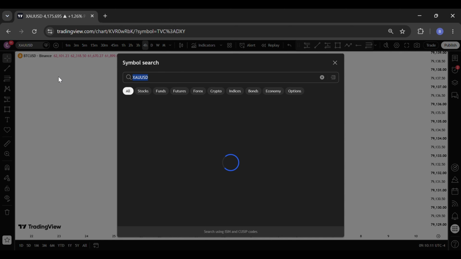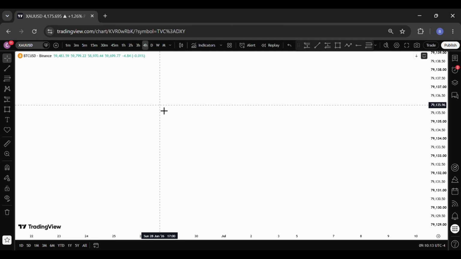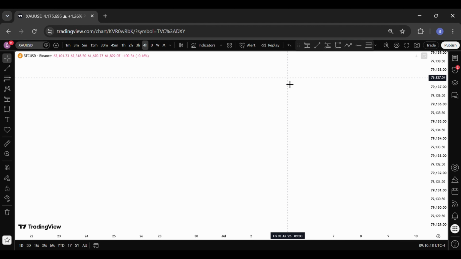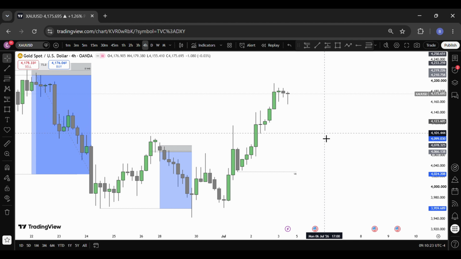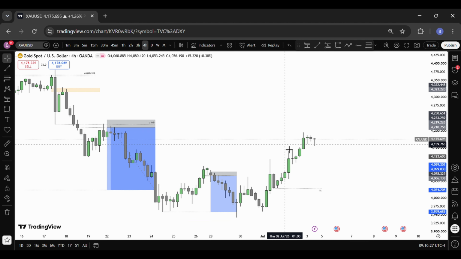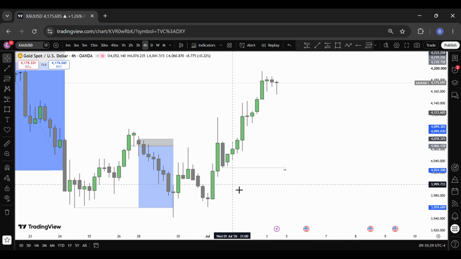I also took a last trade before price started. If you follow me on TikTok, you see I post all the sells. I posted all the sells I took, but I did not post the buys. Why did I not post the buy?